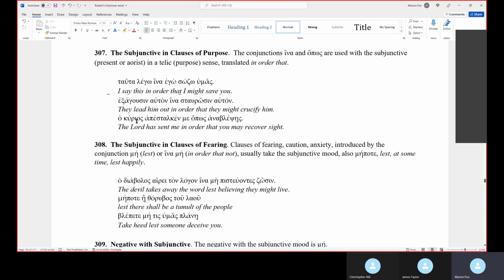Okay. Ho kurios apestalken me hopos anablepsis. Now we don't have hina anymore, we have hopos. Okay. Ho kurios, the Lord, he what?